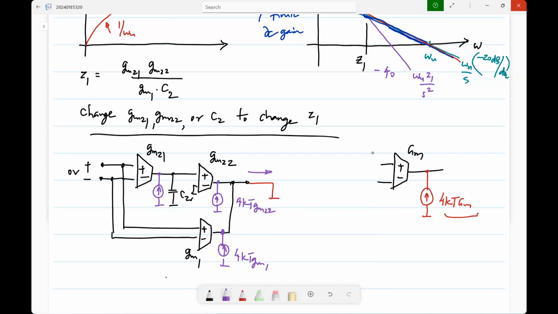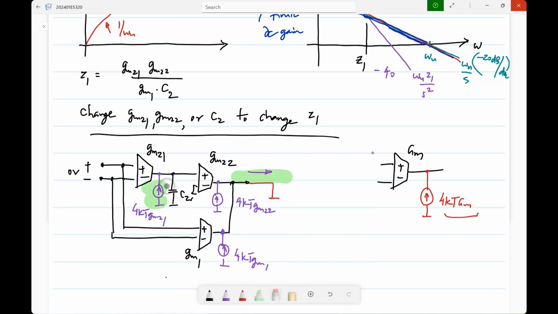Okay. Now, what happens to this particular noise? What will be the output noise spectral density because of this? Or maybe what is the transfer function from this noise current source to that one?